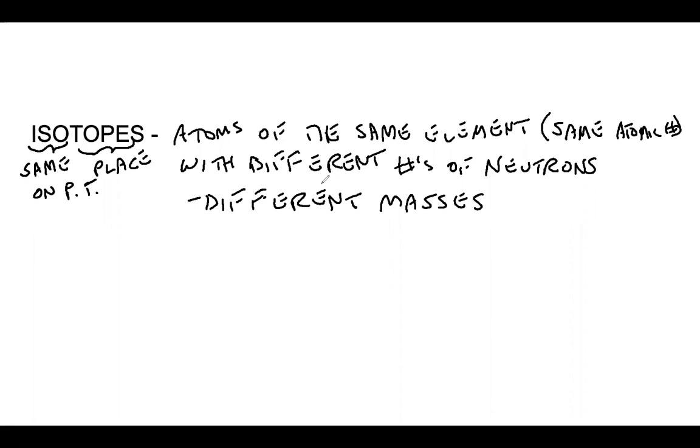All right, so what else can we say about isotopes? Well, we can say that every naturally occurring element has isotopes. And I say naturally occurring because some elements are man-made, especially those with the highest atomic numbers.